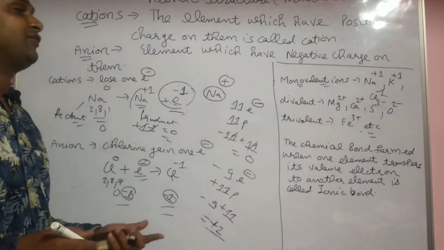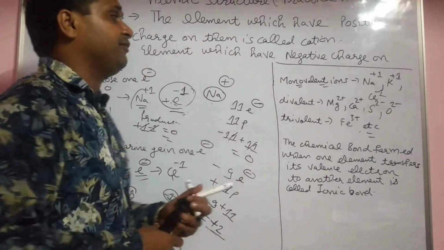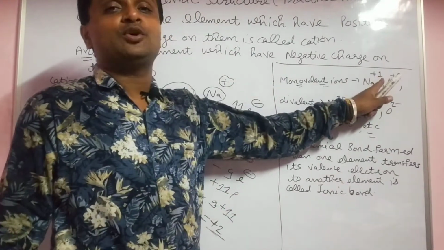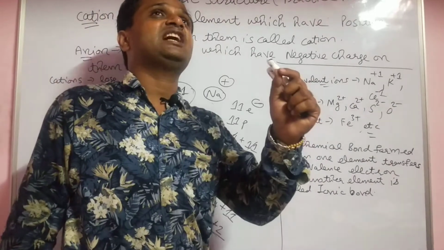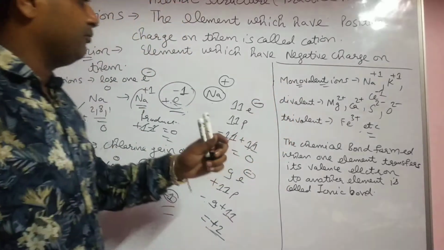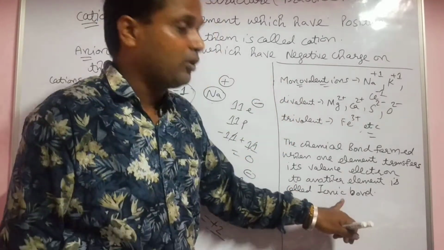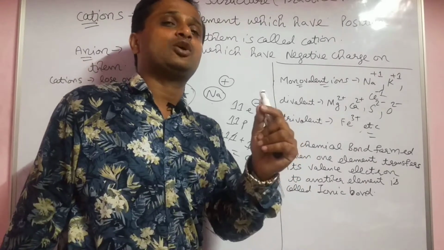It is very easy. That is how the positive charge comes and how the negative charge comes. Those ions which have one valency only are called monovalent ions. Valency is of two types, electrovalency and covalency.